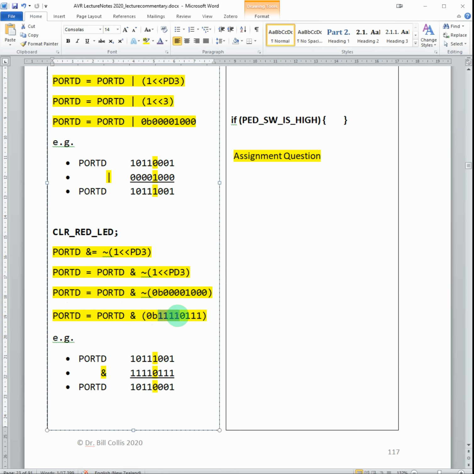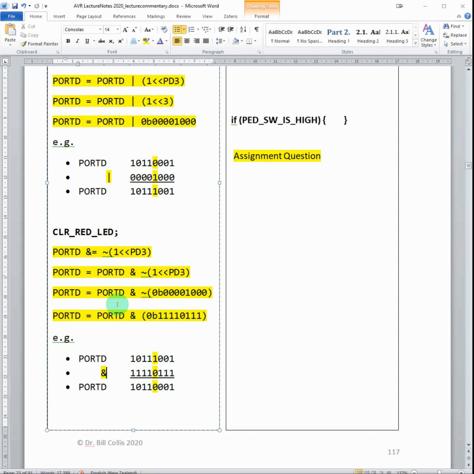So if I AND something with 1, it maintains its value. If I AND it with 0, it forces it to low, and that's what you can see happening here. Here are our arbitrary bits in the register which are already existing and we want to maintain, and we AND those with our bitwise AND with a single 1, and then we end up maintaining those values. Of course, this one we want to AND with a 0 to force it to go low.